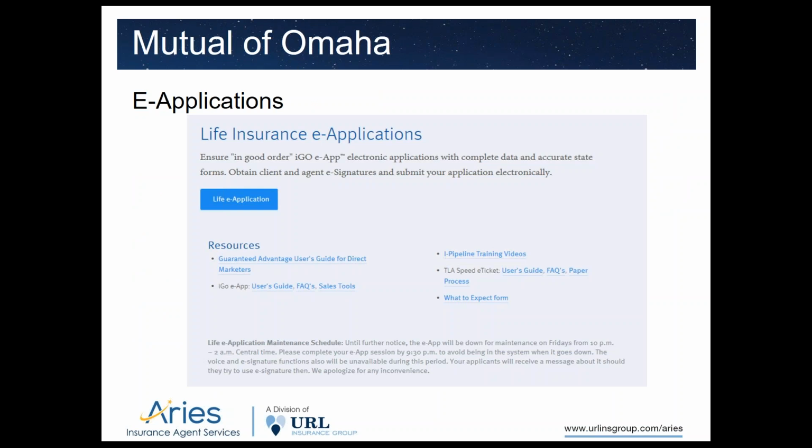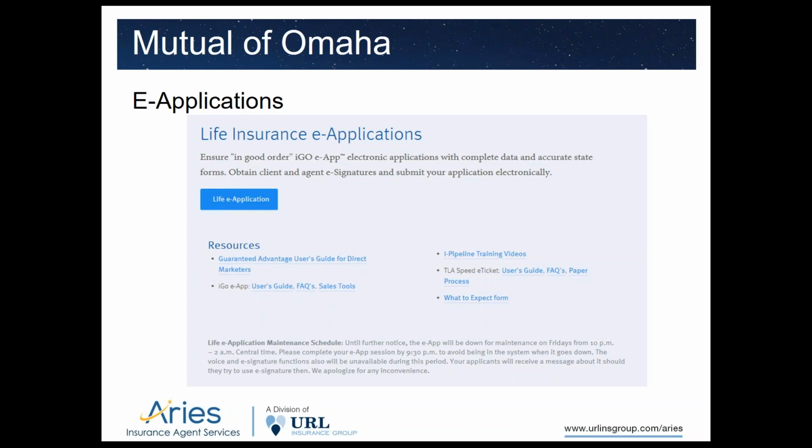You can submit applications to Mutual of Omaha electronically. So if you're a Medicare client, or you've already established a relationship with a client and you've had the conversation about legacy safeguard and the client wants to get a small policy to cover their final expenses, you don't need to travel across the state, across the city, county, wherever.